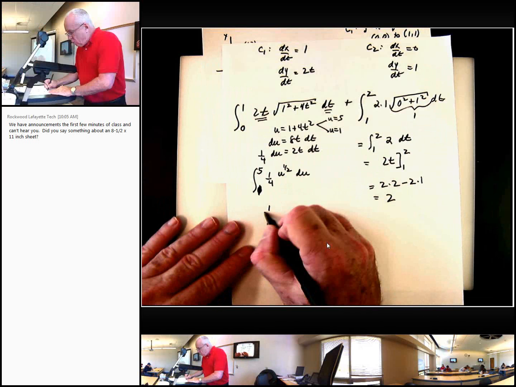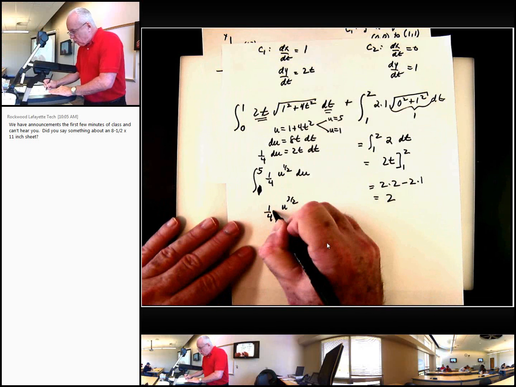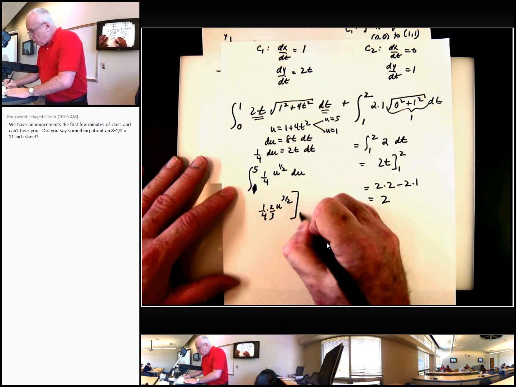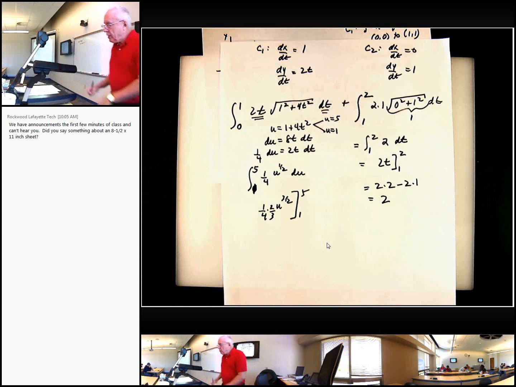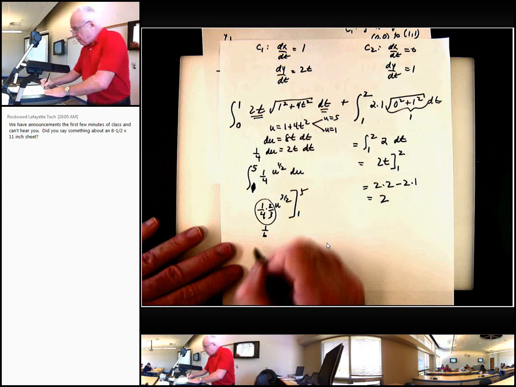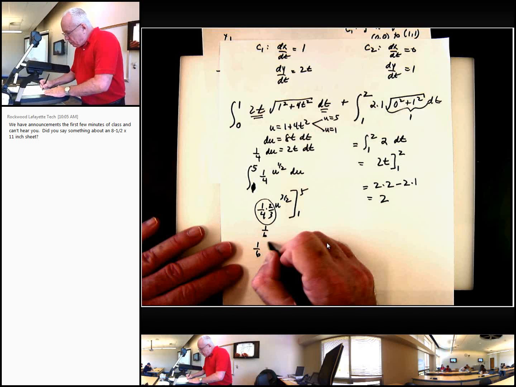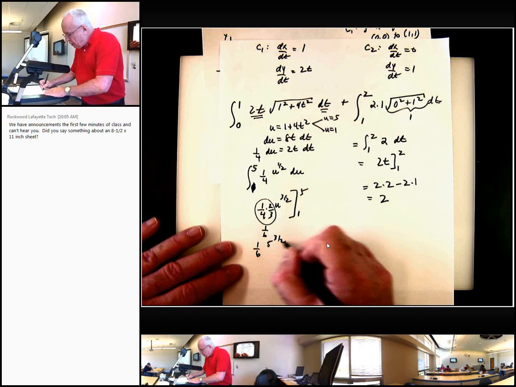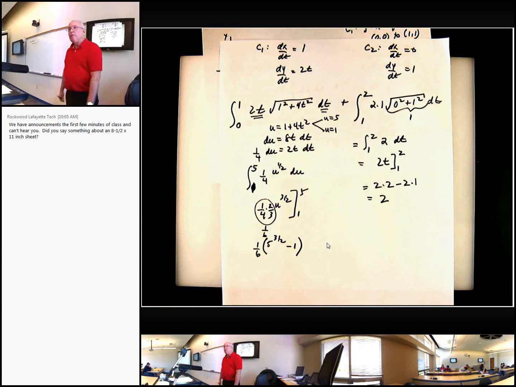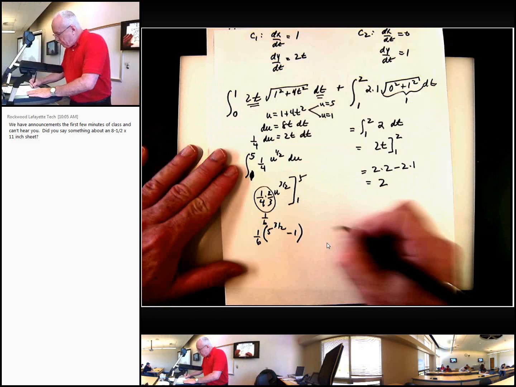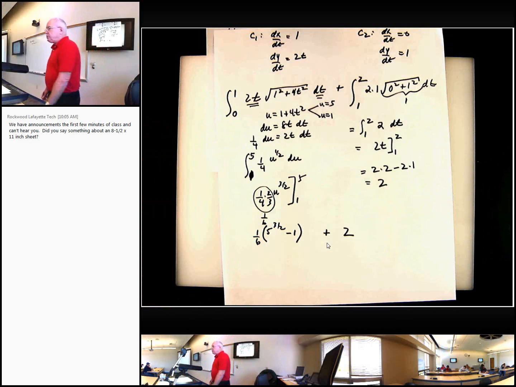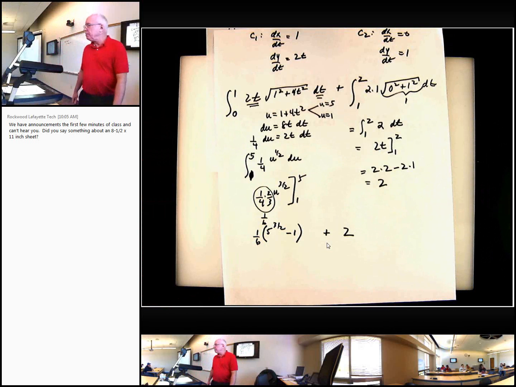So that's 1/4 u to the 3/2 power times the reciprocal 2/3, and we're going from 1 to 5. So I get, what is this? This thing right here is what, 1/6? Yeah. So I have 1/6 times, in parentheses, 5 to the 3/2 power minus 1 for that first integral. So my full answer then is that plus the number 2. And I could simplify that a little bit, but I'm not going to bother.